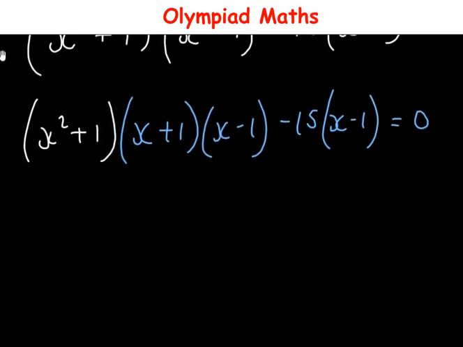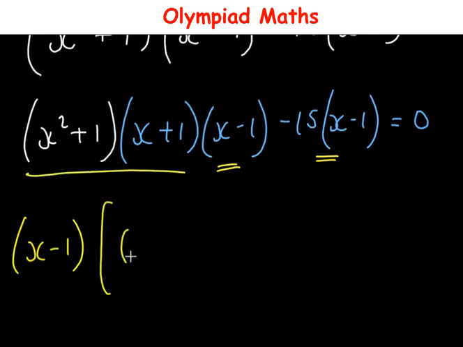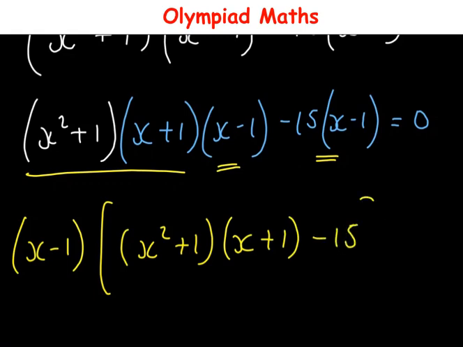So from here, we have x minus 1 as a common factor. So factorize out x minus 1 into bracket x minus 1. We are left with, in bracket, x squared plus 1, then multiplied by x plus 1, then we have minus 15. So all of this equals 0.